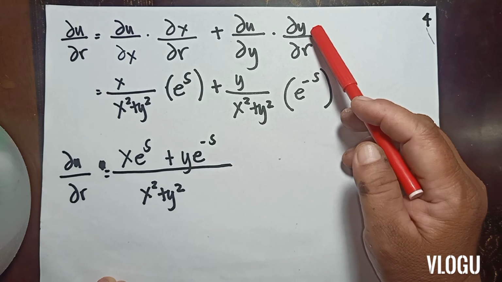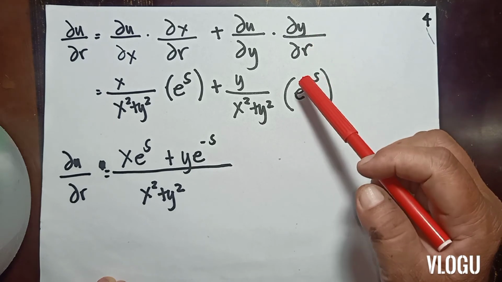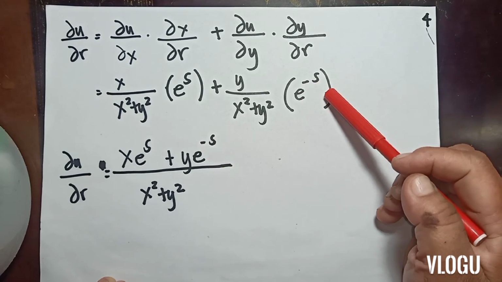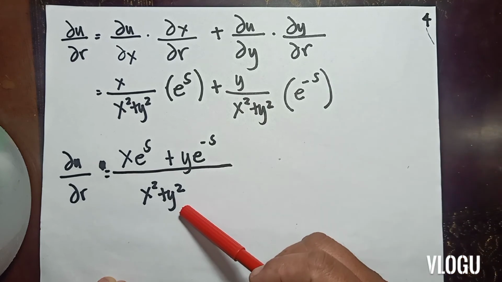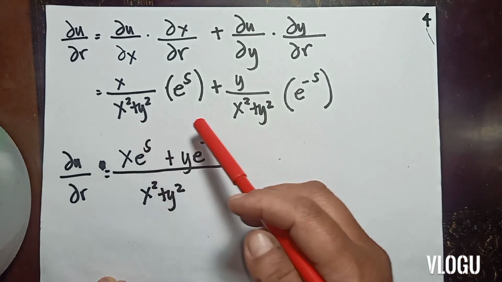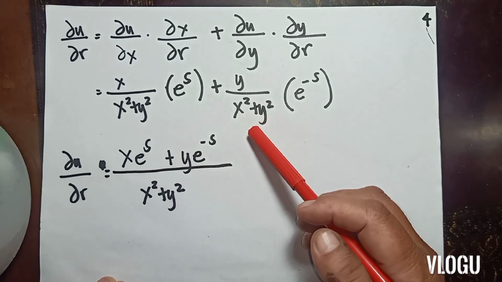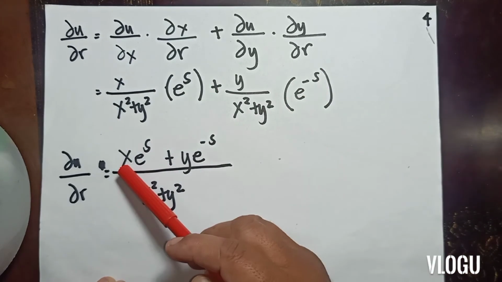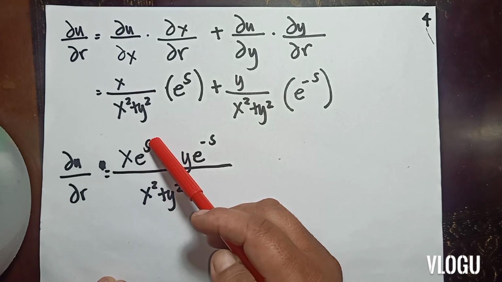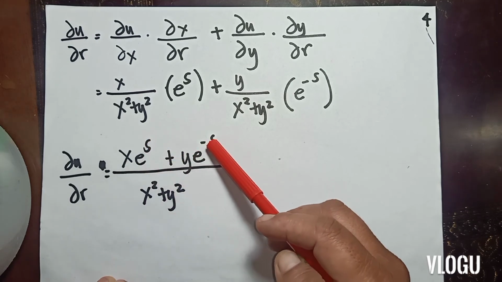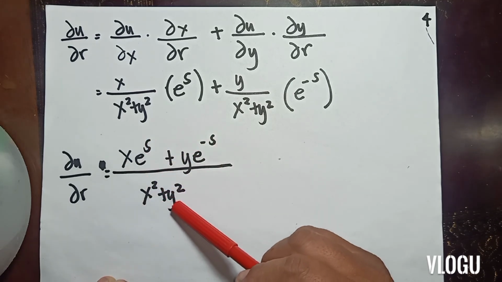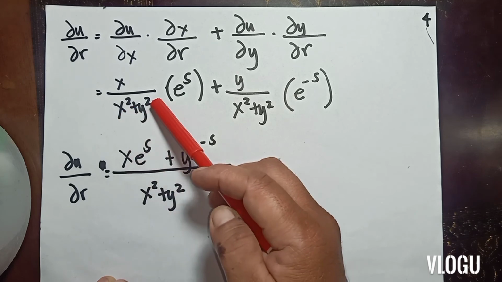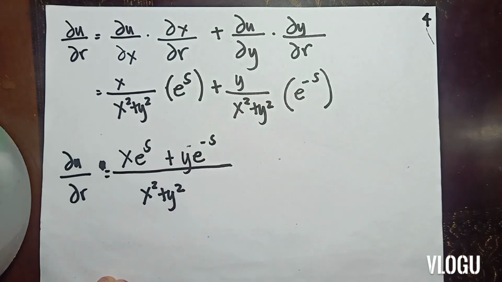Then the partial derivative of y with respect to r is e^(-s). So simplify that one. Your LCD is x squared plus y squared. Combine this, and you will have x e^s plus y e^(-s) over x squared plus y squared. So that is now your final answer.